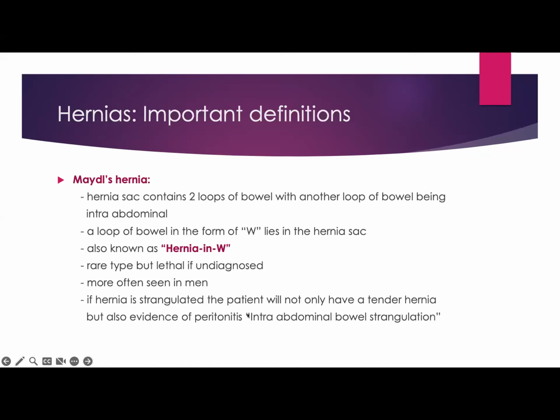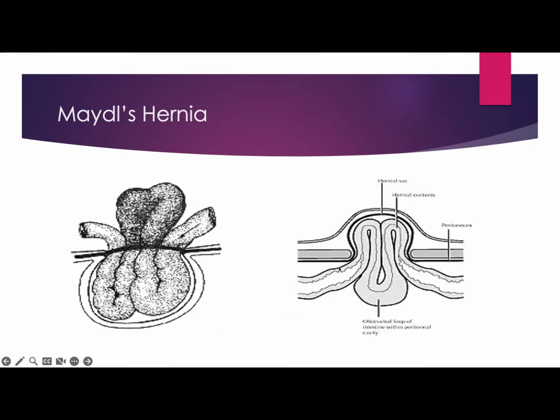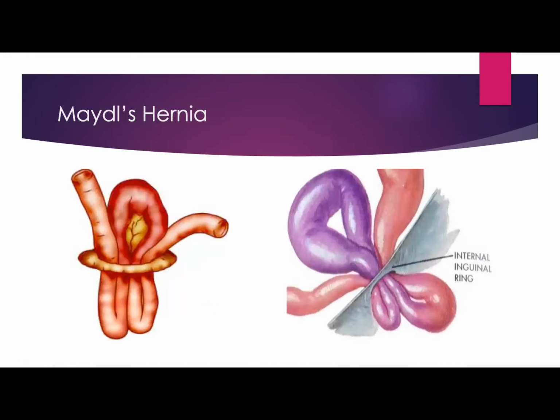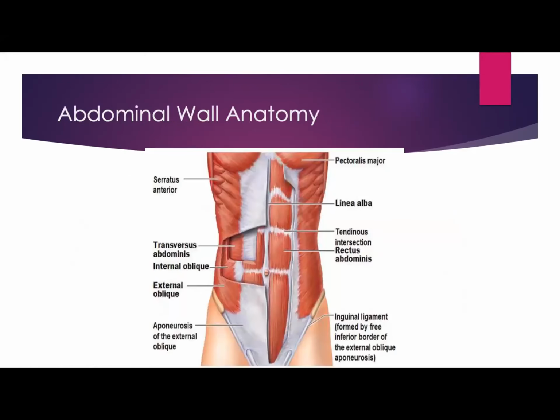If the hernia is strangulated, the patient will not only have a tender hernia but also peritonitis, because as a consequence of the strangulation, there would be perforation. If it's inside the abdominal cavity, it would produce peritonitis. So this is considered a lethal hernia. These are other images of the Maydl hernia.